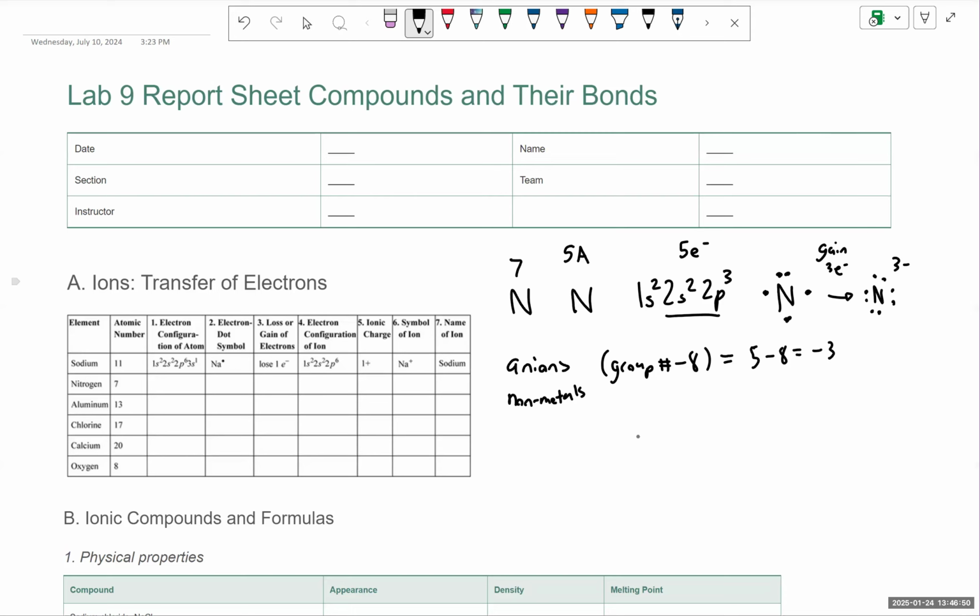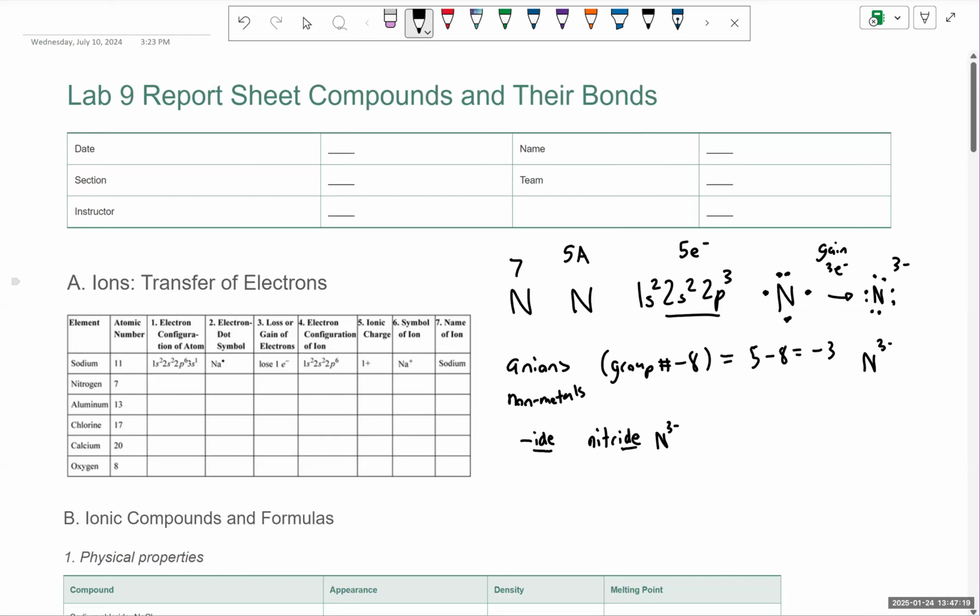This ion's charge would be 3-, and the symbol would be nitrogen 3-. What would the name of this ion be? For anions, they have an ending suffix of -ide. So instead of nitrogen, this would be nitride. So nitride represents N3-.